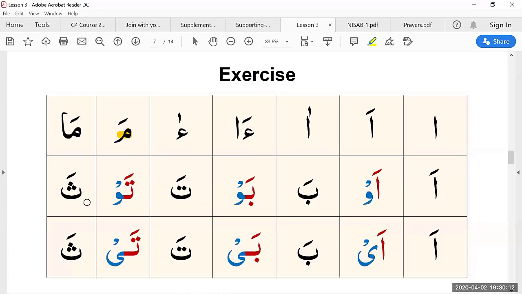Tau Tha. A. Ai Ba. Bai Ta. Tai Tha. Jazakallah, L224.